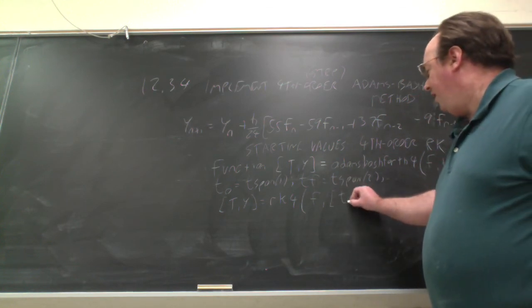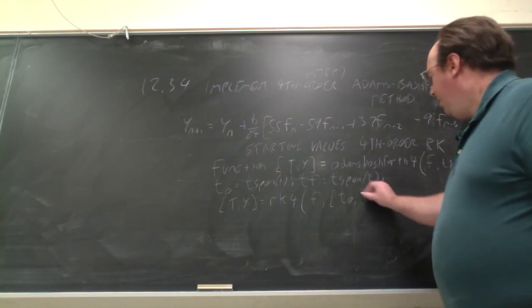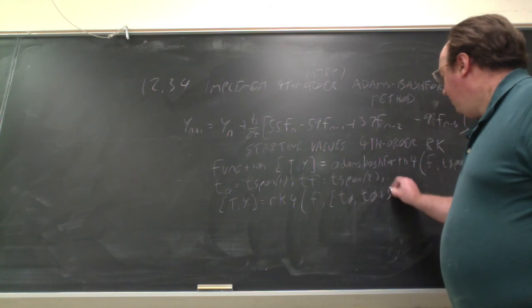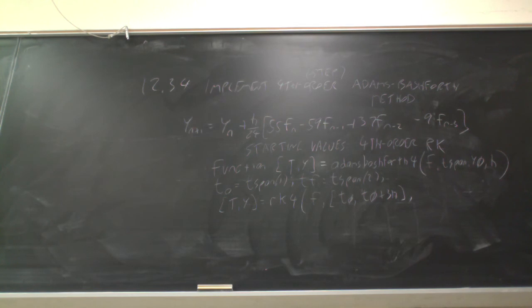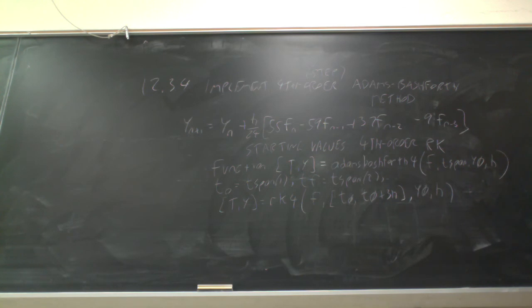Start with your initial time, and you're only going to take 3 time steps, so t naught plus 3h. Then same initial data, same h. That gives you the starting values.